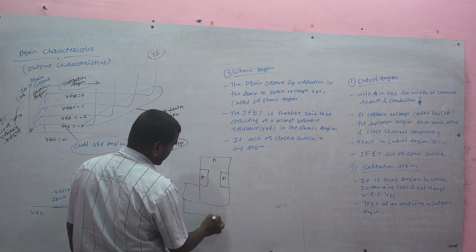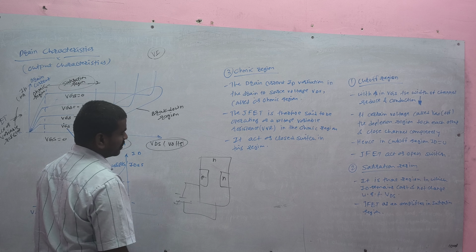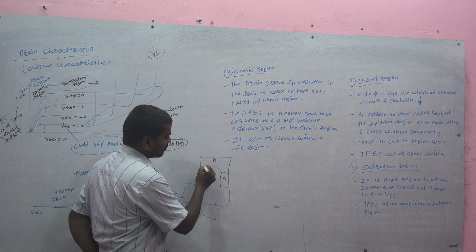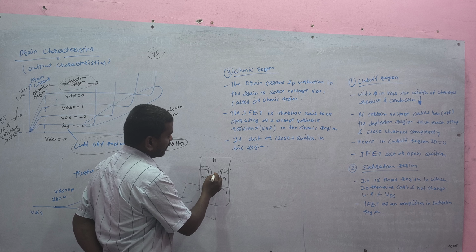As VGS, the gate to source voltage, increases, what happens? The depletion layer increases, so it reduces the width of the channel. So with the increase in VGS, the width of the channel reduces, and conductivity is also reduced.